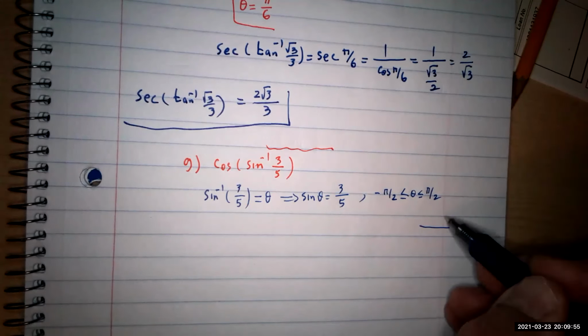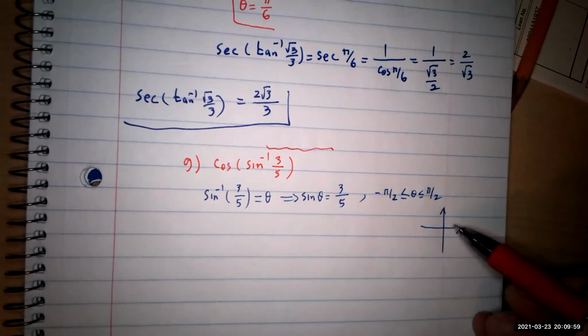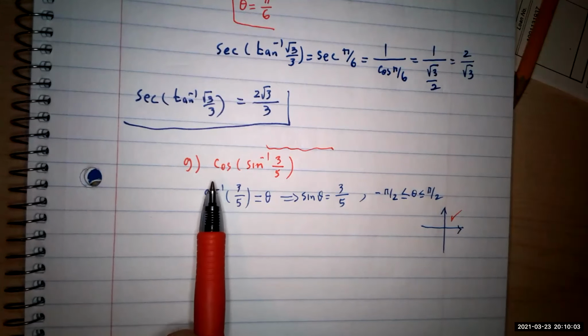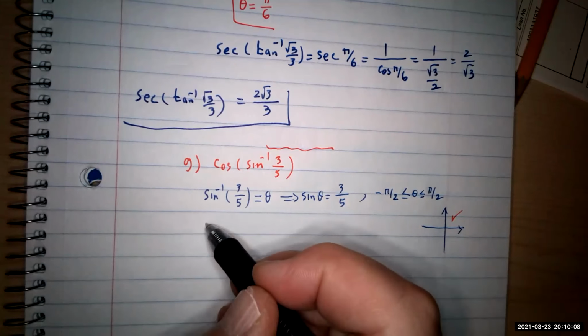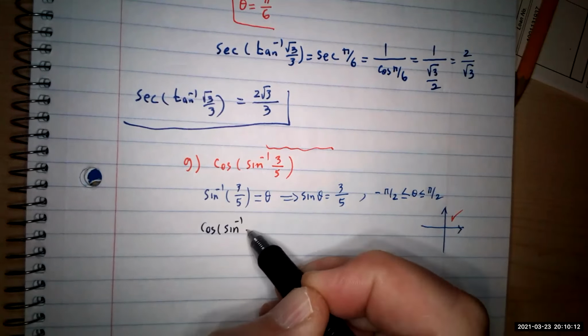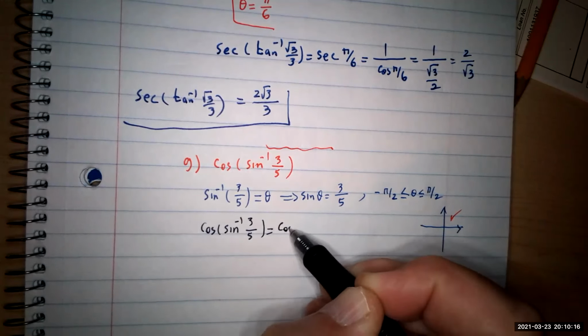You are here, because you want to find the cosine. So the cosine of the sine inverse of 3/5 is changed into the cosine of theta.